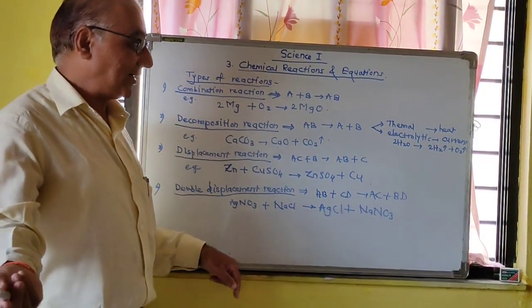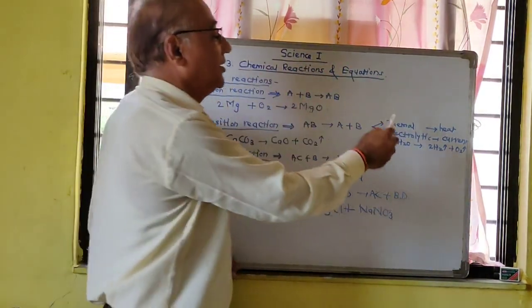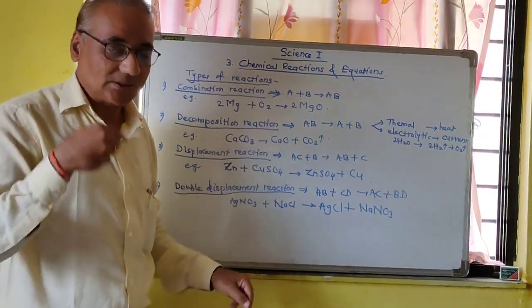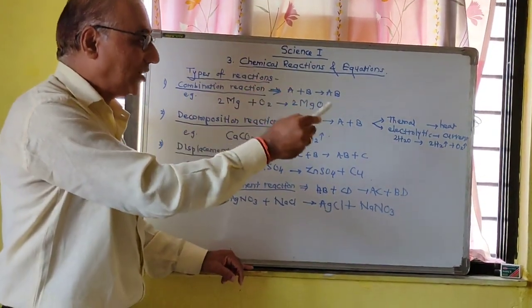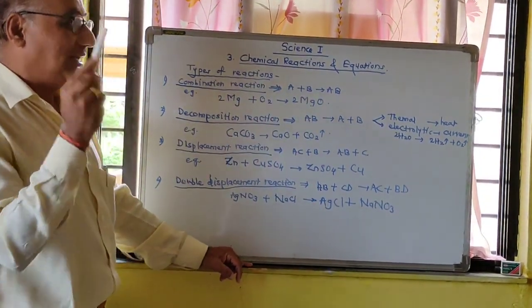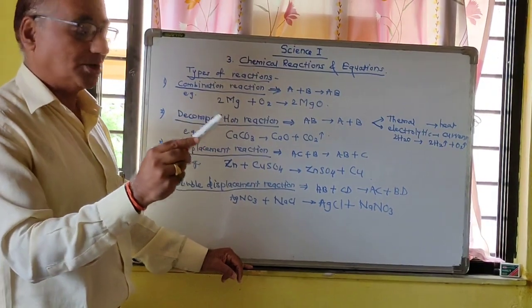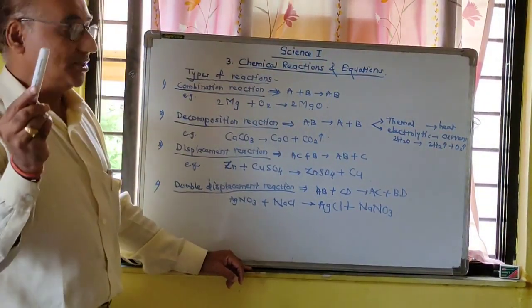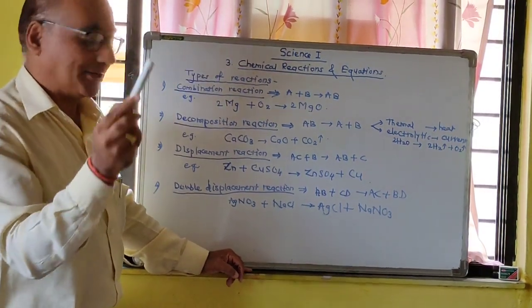And what is the second type of decomposition reaction? This is electrolytic decomposition reaction. The name itself suggests what is meant by electrolytic decomposition reaction. In electrolytic decomposition reaction, there is use of electric current.